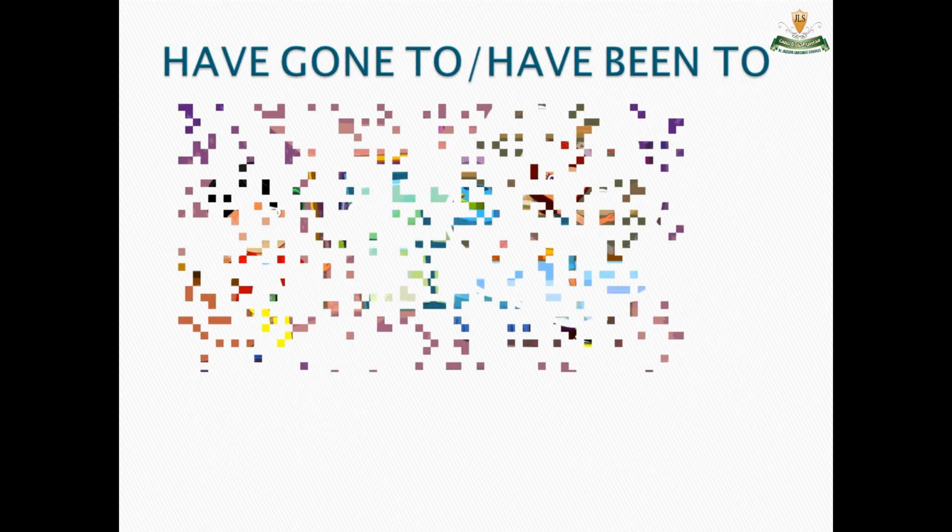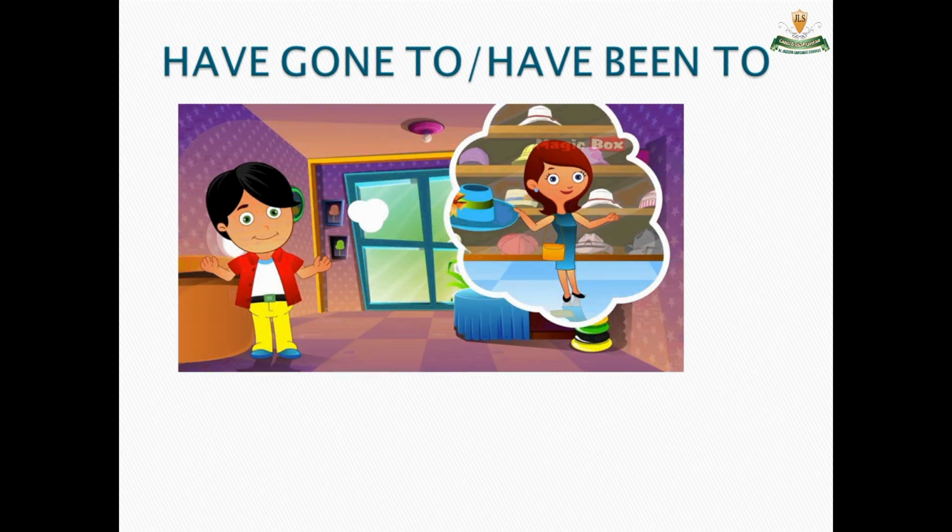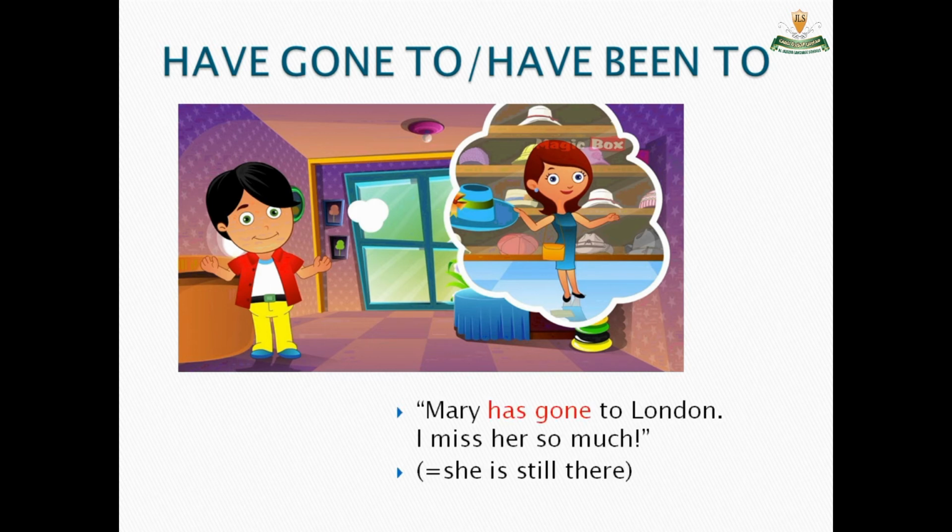Have gone, have been to. There is a great difference between them. Have gone means that Mary has gone to London. I miss her so much. She's still there. Mary has gone to London and she's still there.